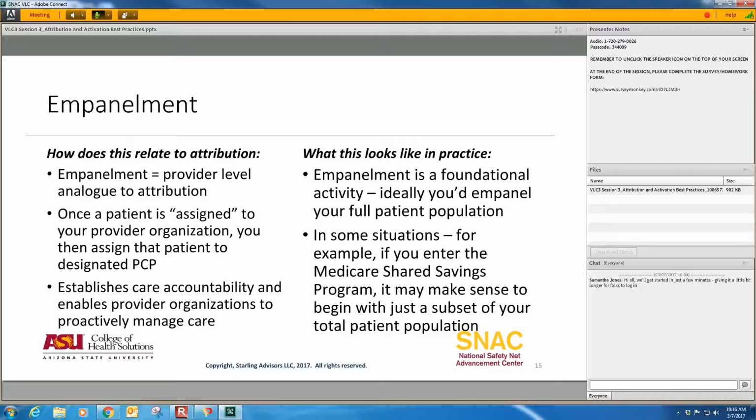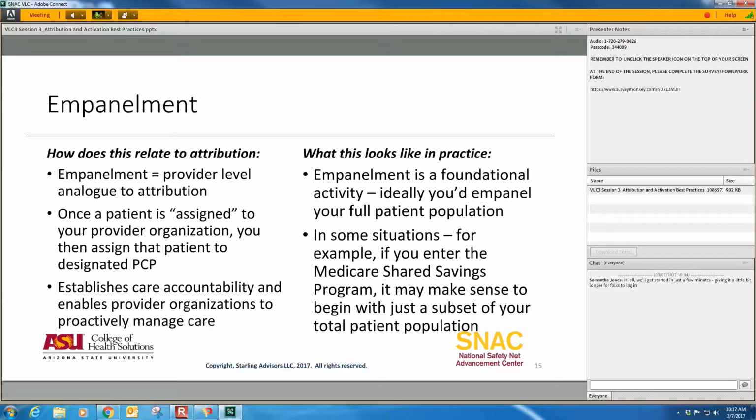So once a patient is assigned to you or your organization, you can assign that patient to a designated PCP, and that process establishes accountability for care. It gives you the first step in enabling you to proactively manage patient care, which can support achievement of better financial outcomes, better quality improvement outcomes, that will support your success in the value-based payment system.